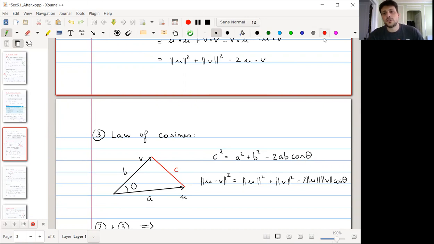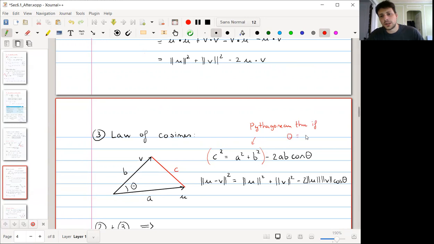So this looks like the Pythagorean theorem when the cosine of theta is 0, when theta is a right angle, an angle of 90 degrees.